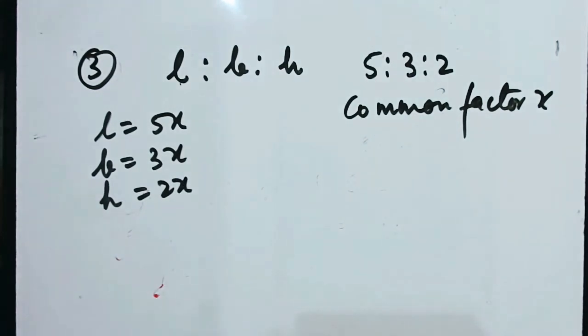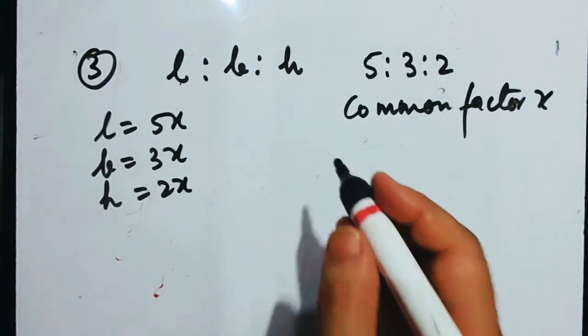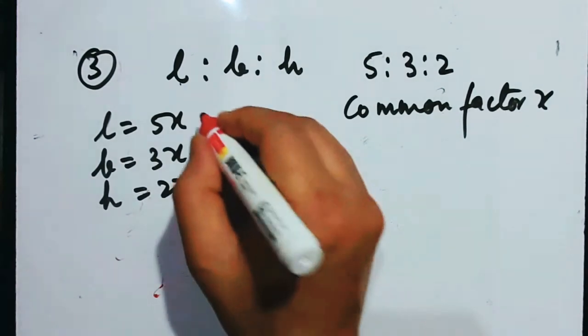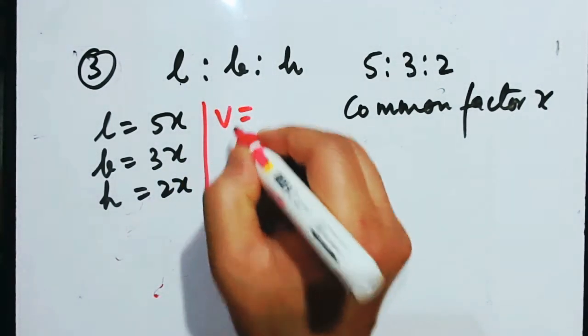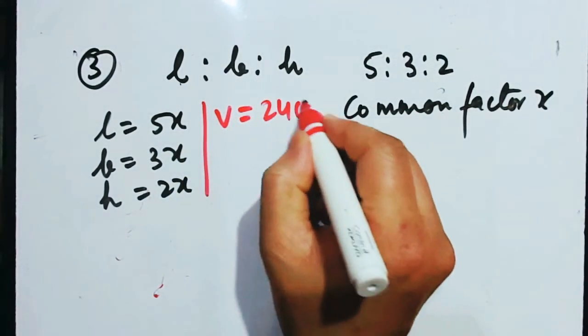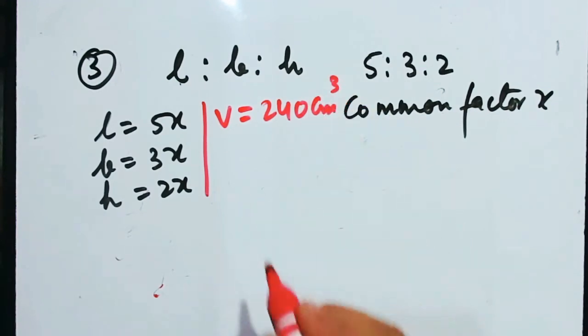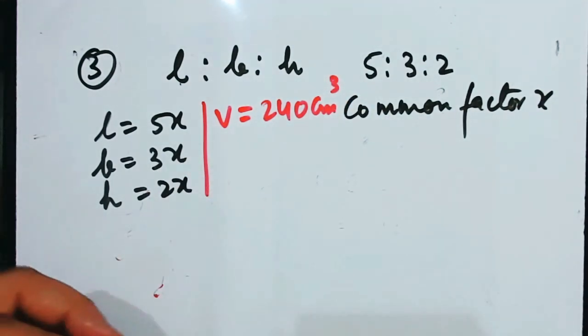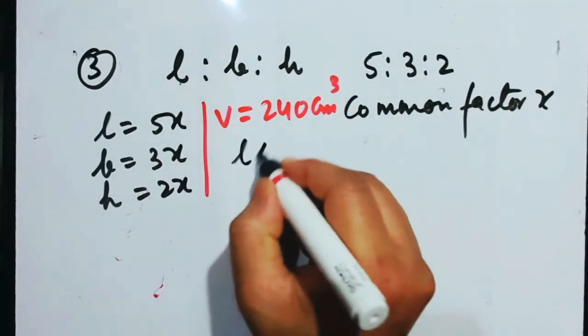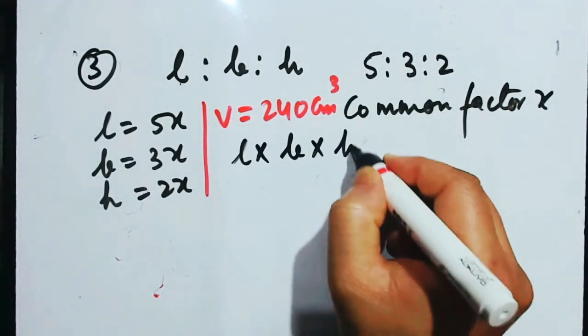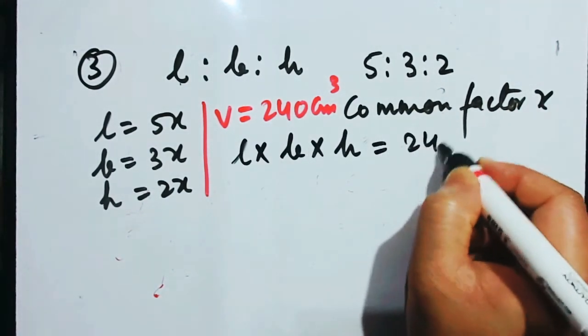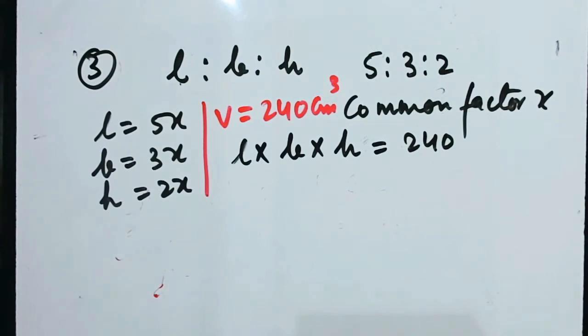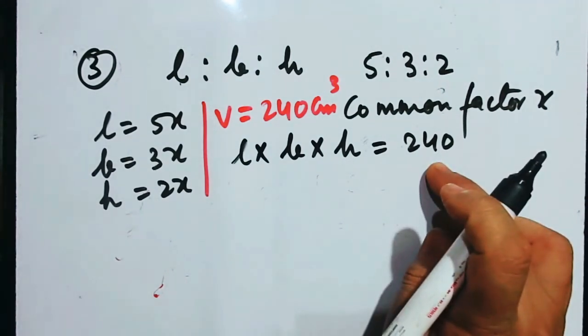Very good. Now they have also given you the volume. They have given you the volume as 240 centimeter cube. So let us put in the formula. L into B into H is equal to 240 centimeter cube. Clear?